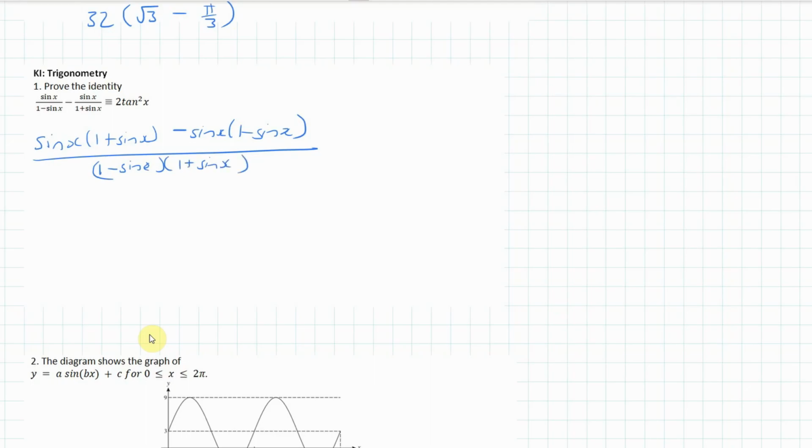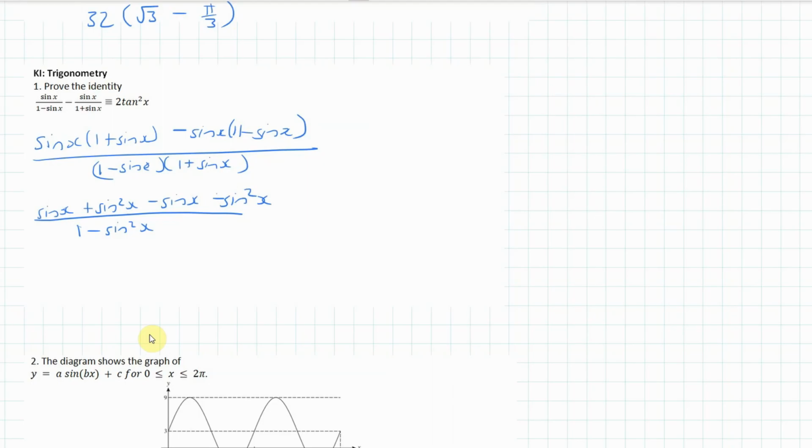Now on the bottom, we'll get 1 minus sine squared x, and on the top we'll get sine x plus sine squared x minus, oh, that should be a 1 there, shouldn't it? Whoops. Minus sine x minus sine squared x. Is that right?